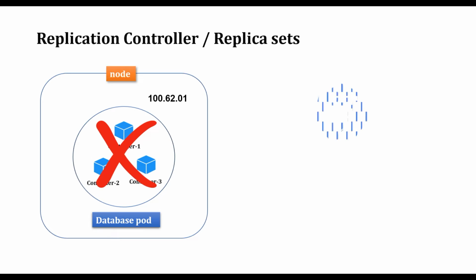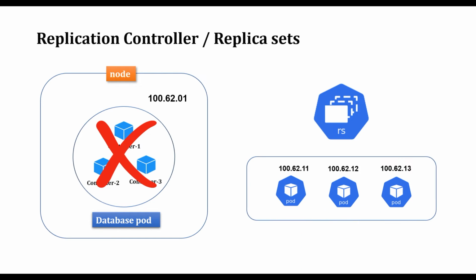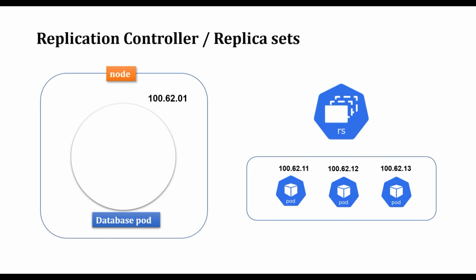That's where the replica set component comes into the picture, which acts as a replica or backup of your pod. For example, let's say I created 3 replicas for my database pod. When any of your pods crashes, Kubernetes will immediately bring up a new pod from the replica set and assign a new IP to that specific pod.